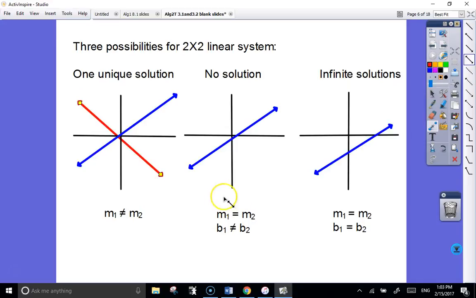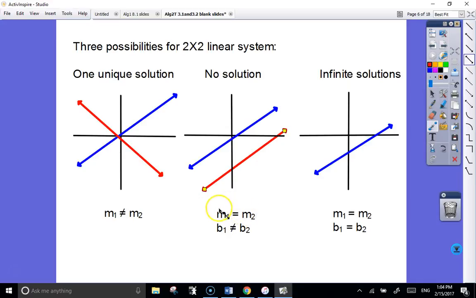If the 2 lines have the same slope but different y-intercepts, what do you call that? They're parallel lines, right? A system of equations whose graphs are parallel lines means there are no solutions, because the lines never cross.